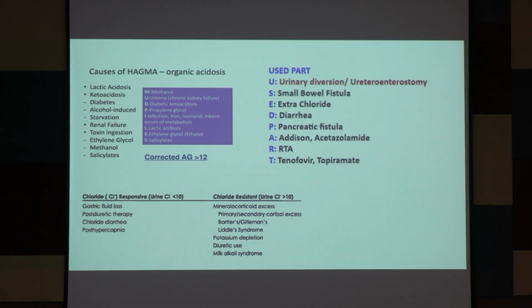So these are the causes of HAGMA, high anion gap metabolic acidosis. And what are the causes of non-anion gap metabolic acidosis? Small bowel fistula, extra chloride, diarrhea, pancreatic fistula and renal tubular acidosis.